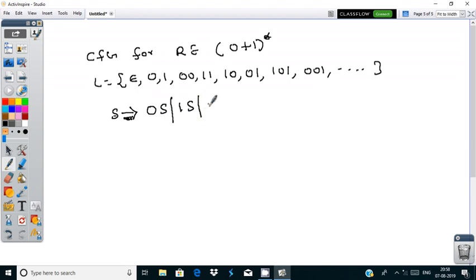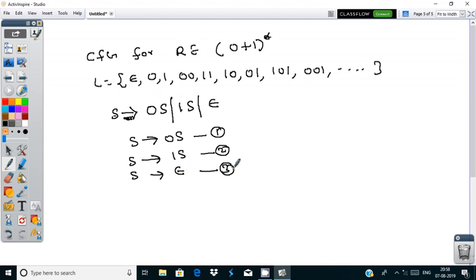Now if nothing is repeated, then you have to use epsilon here. So S tends to 0S is rule number 1, S tends to 1S is rule number 2, and S tends to epsilon is rule number 3.